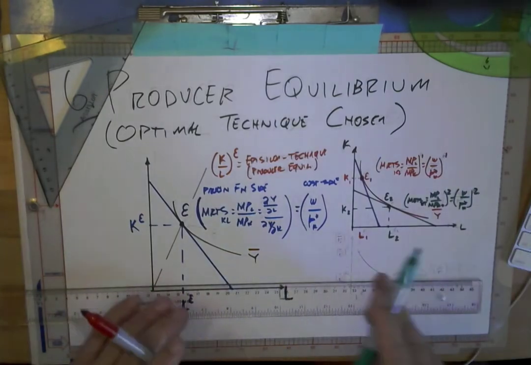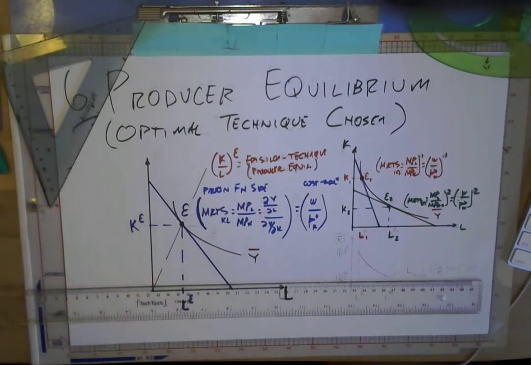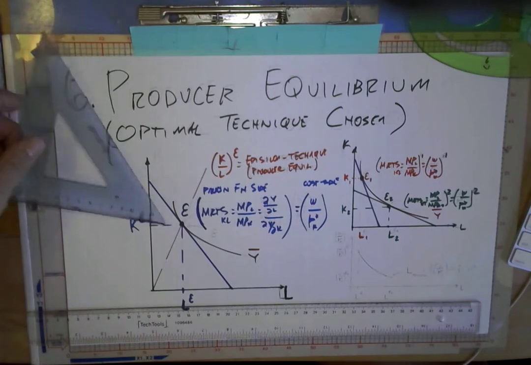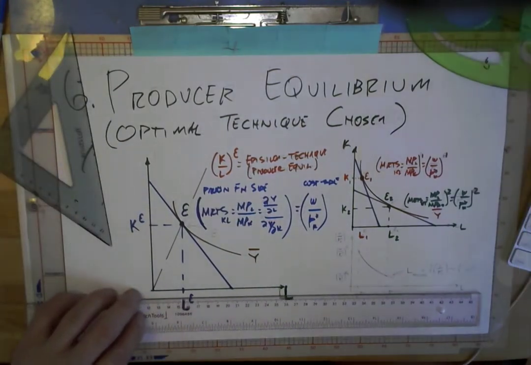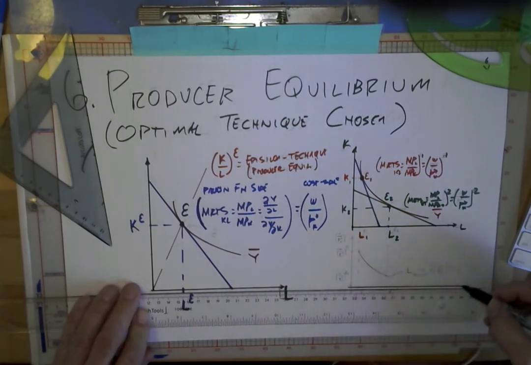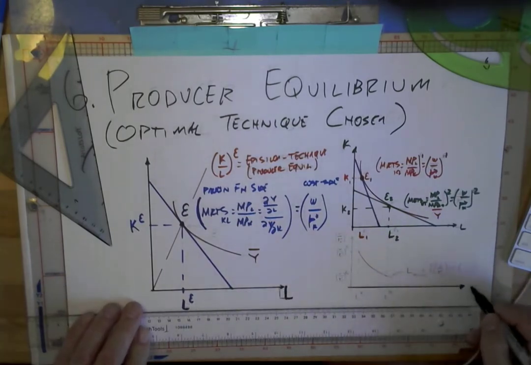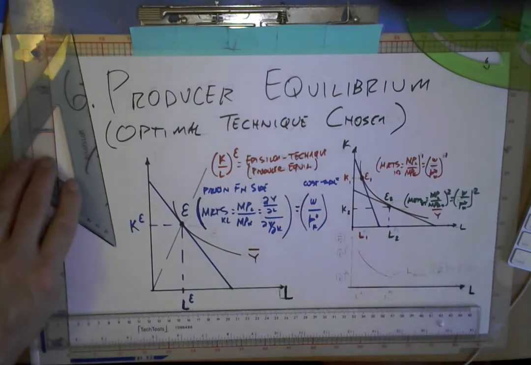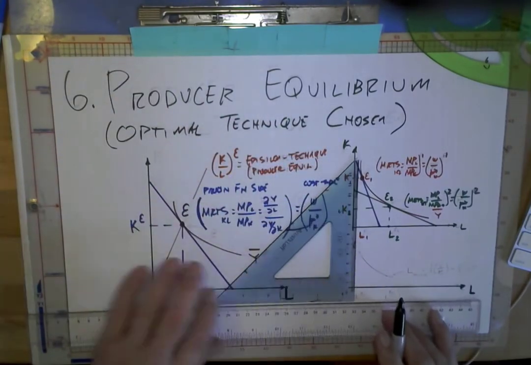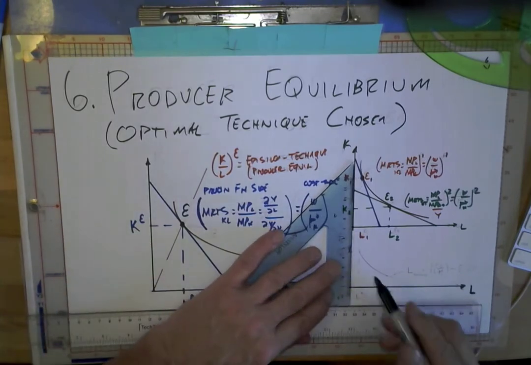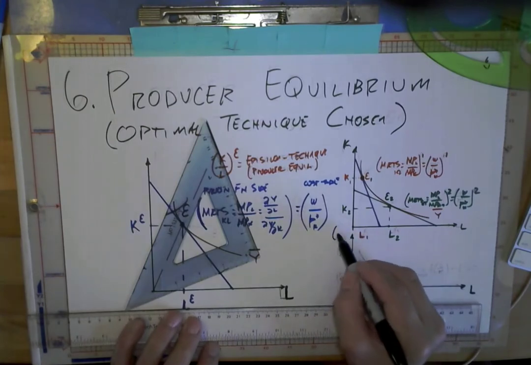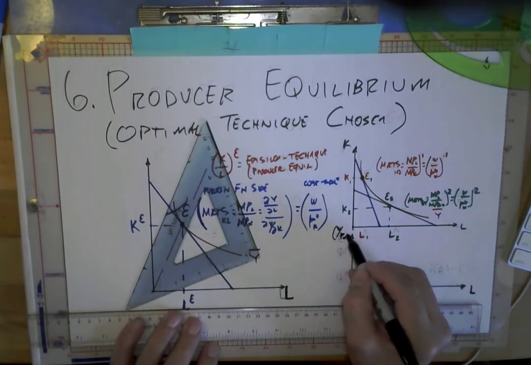So we have that relationship: as wages go down, the quantity of labor purchased goes up and the quantity of capital purchased goes down. It's that which allows us to construct the downward sloping demand curve for labor. We put on the same horizontal axis the quantity of labor, but instead of putting the quantity of capital on the vertical axis, we put the price of labor, the relative price W over PK star.